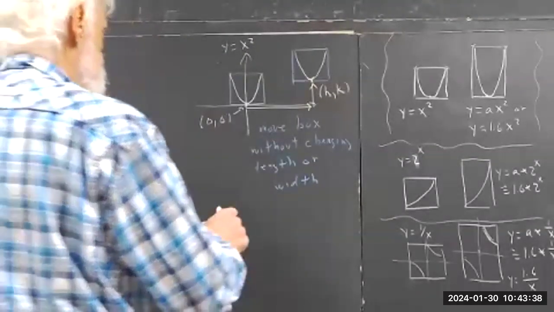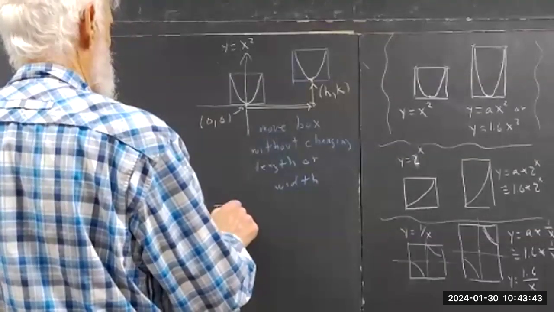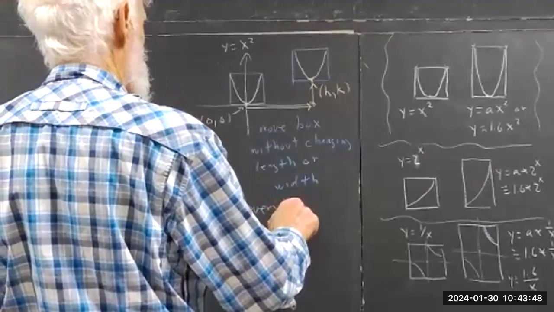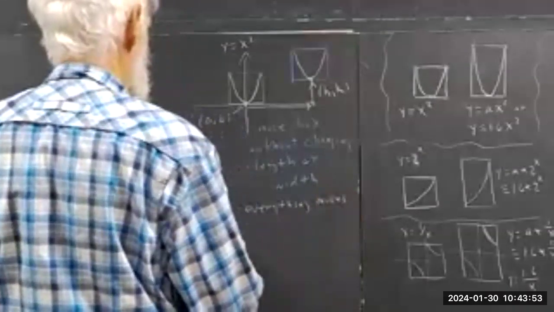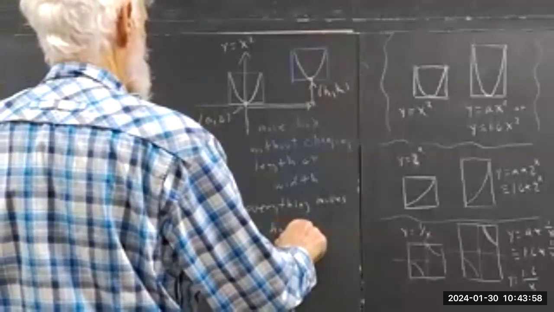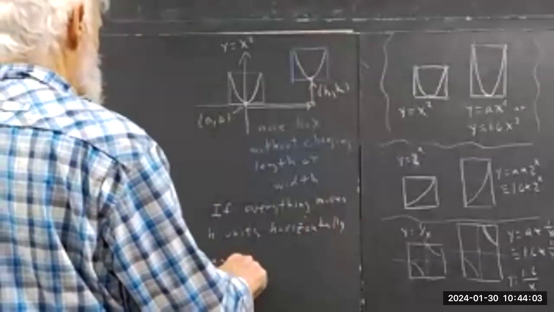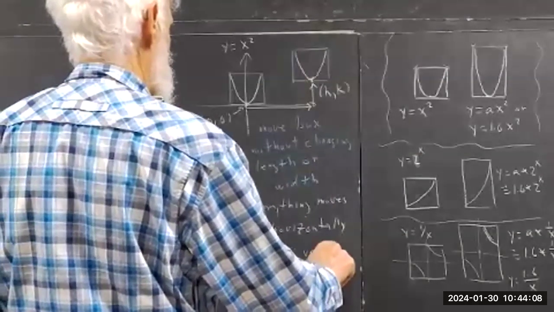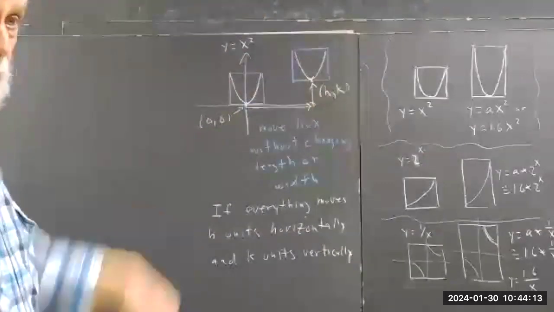So everything moves H units horizontally and K units vertically.